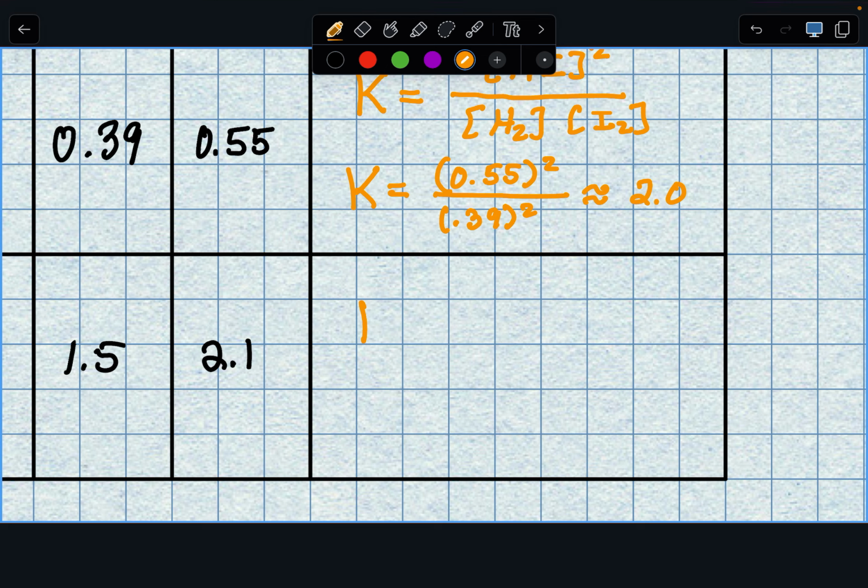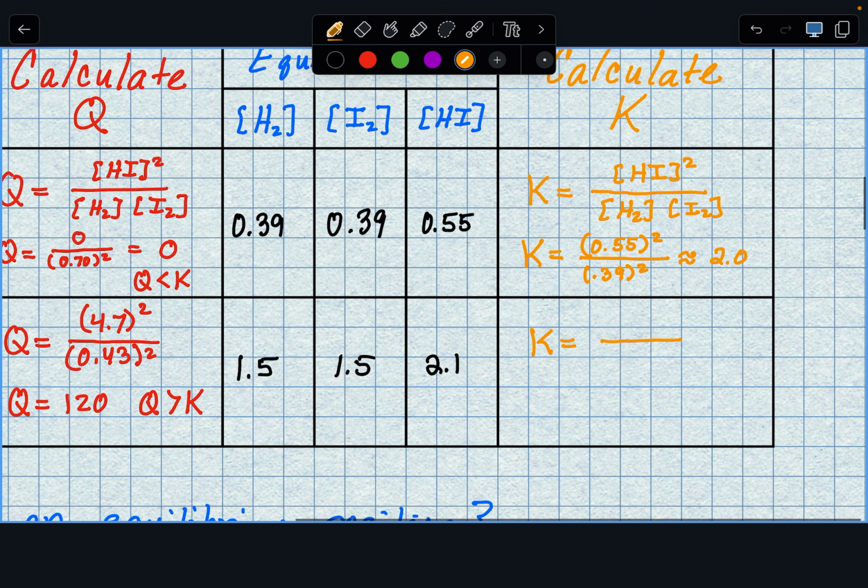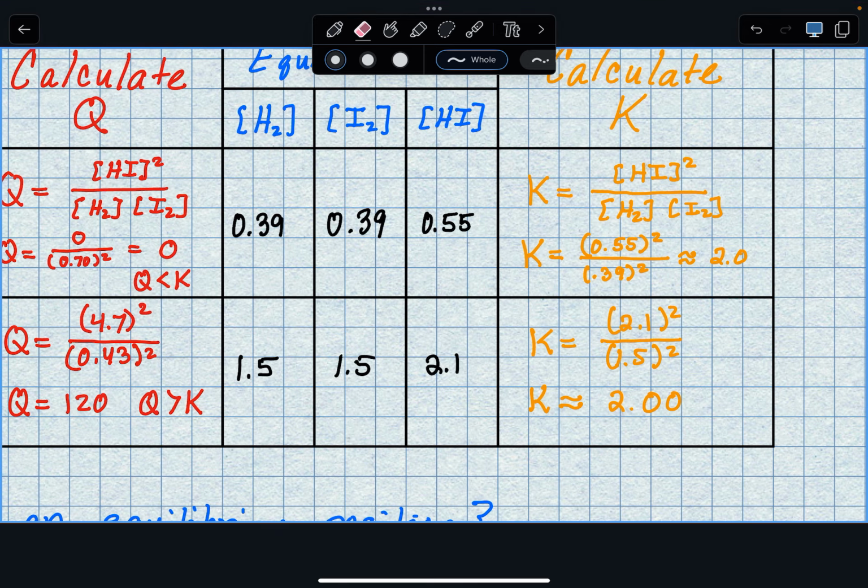So let's calculate this thing called the equilibrium constant, the K. Again, I have the expression above, so I'm not going to rewrite that. I'm just going to put in the numbers, so it's 2.1 squared, and then 1.5 times 1.5 squared. And what you'll find is that this gives us, again, approximately 2.